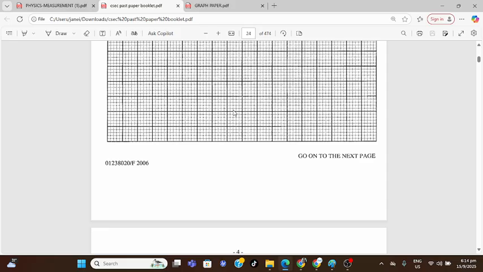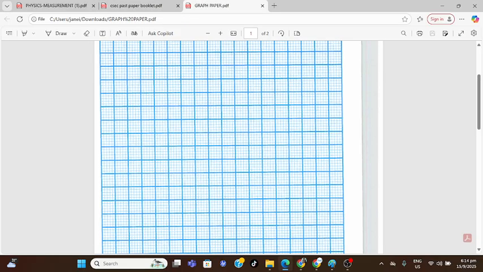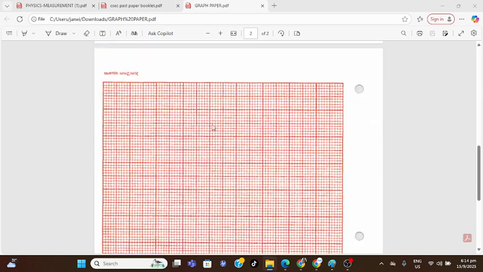Easy peasy lemon easy graph. I guess that's not working for me.